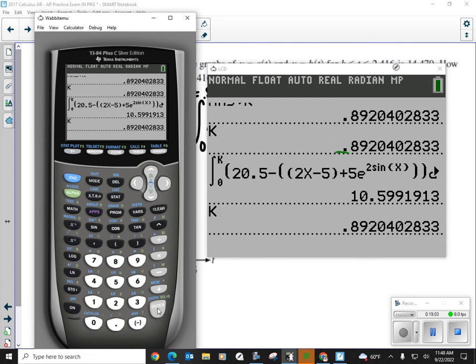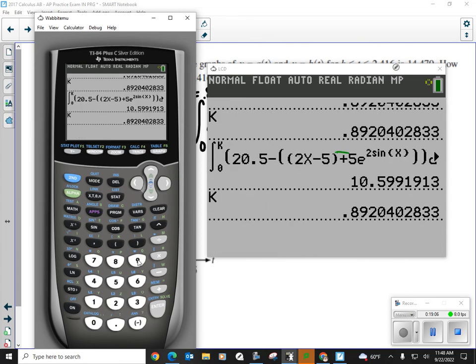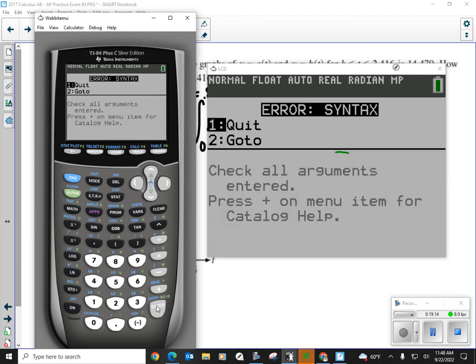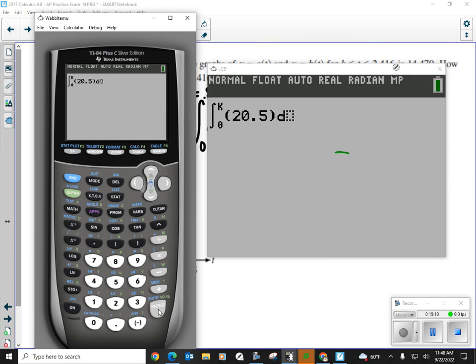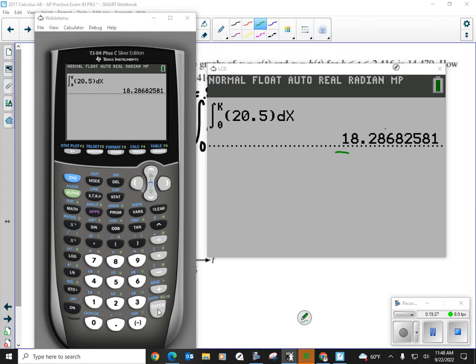So I'm going to use math 9 from 0 to my K value, 20.5. I forgot to put the dummy variable. See, it's important, kids. That should give me 18 points. We're going to change this to a 7, because the number after it is 5 or bigger. So it's 18.287.